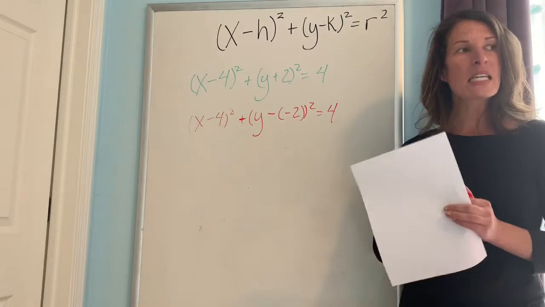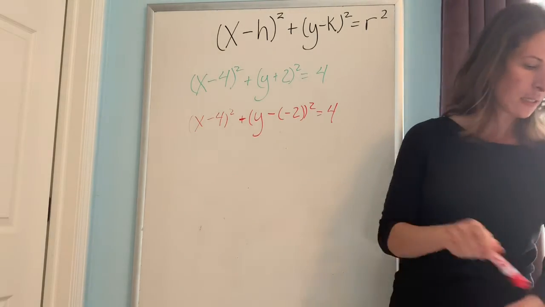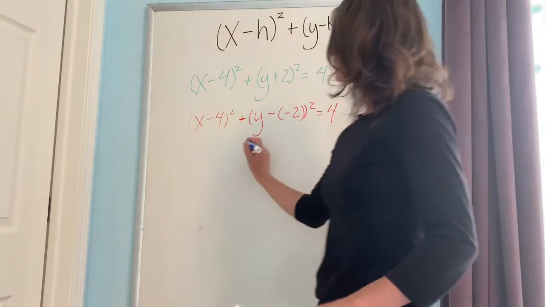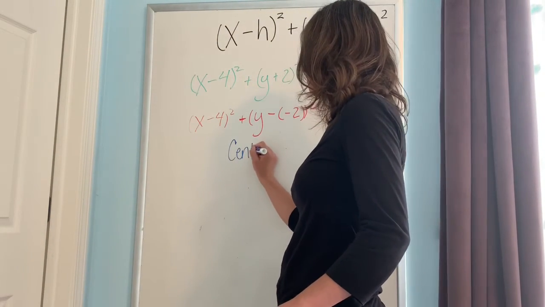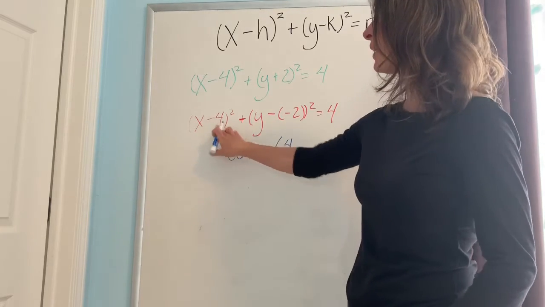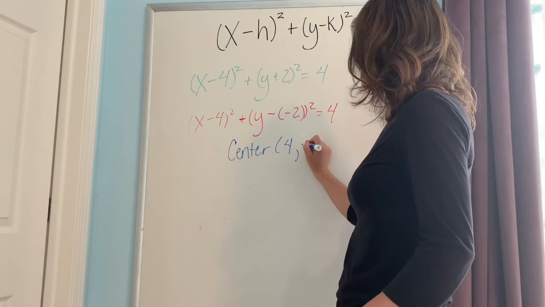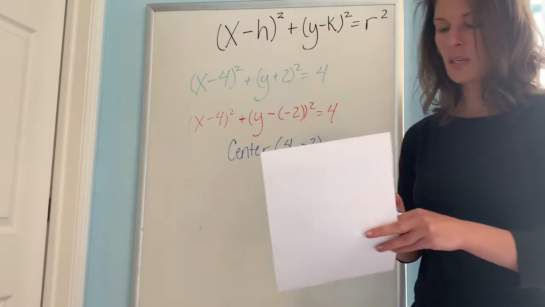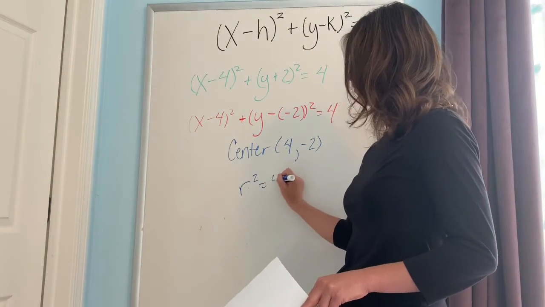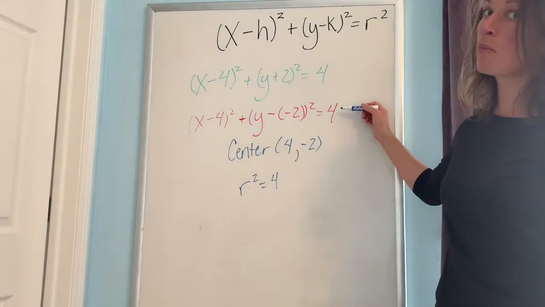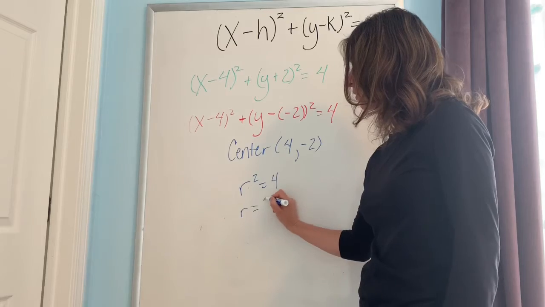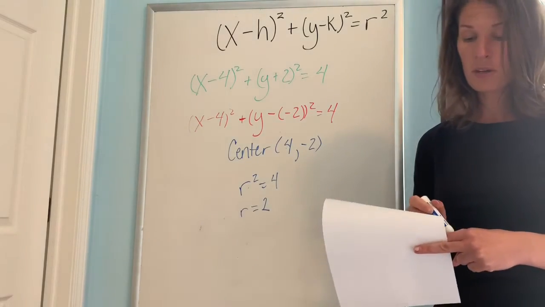So now it's easy for us to see that our center is at 4, because it's x minus where my center is, and negative 2. And then my radius, remember, r squared is equal to 4, which means that my radius is equal to 2, or the square root of 4.